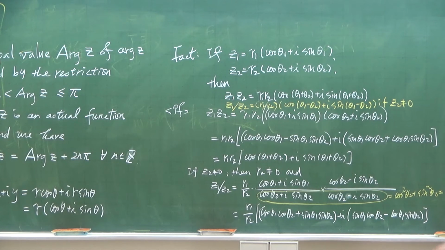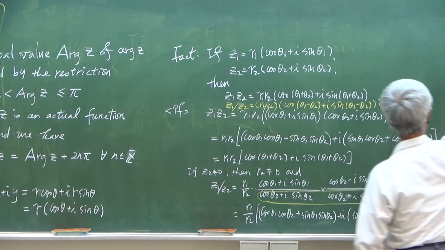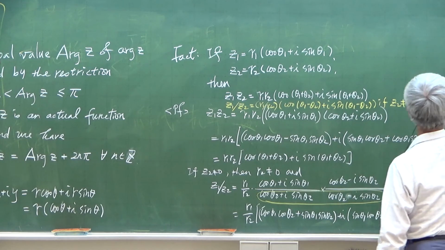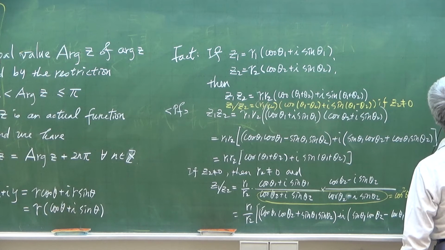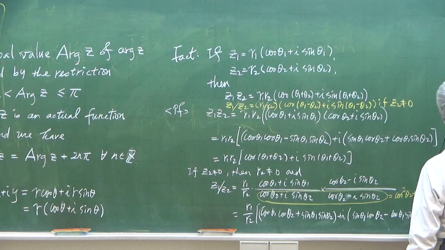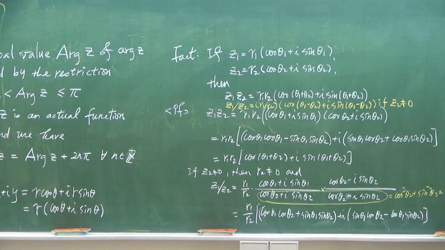And again, by the difference angle theorem, this is cosine theta 1 minus theta 2 plus I sine theta 1 minus theta 2. So we get the result.